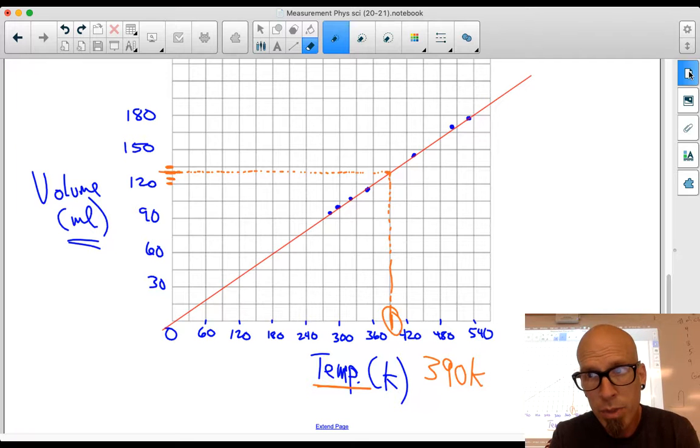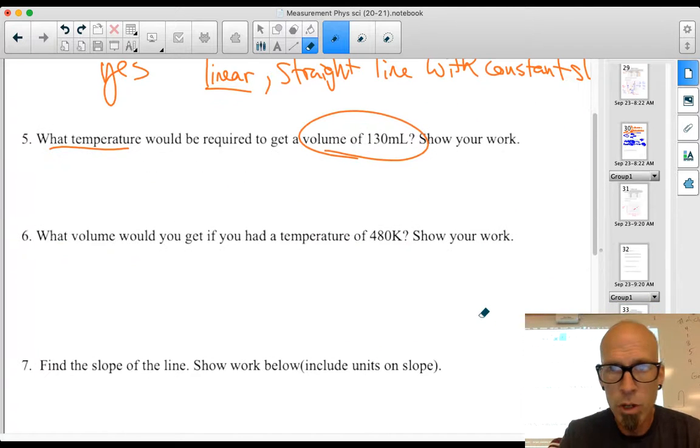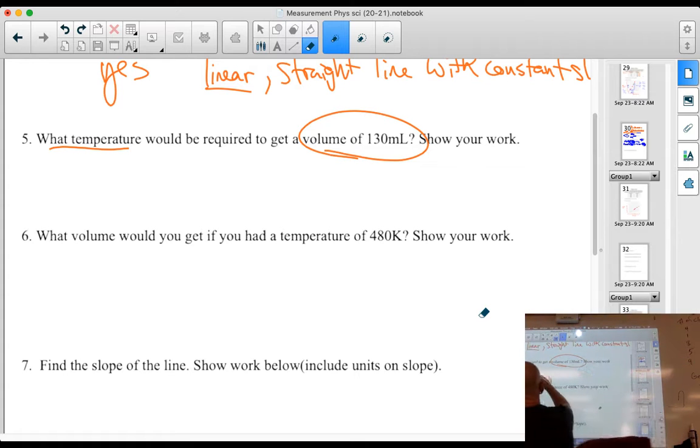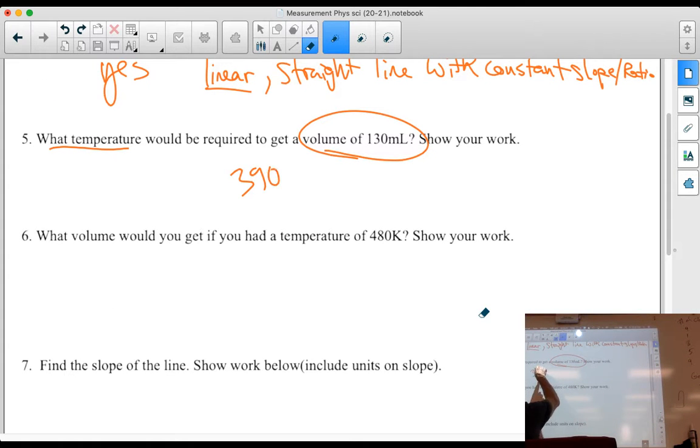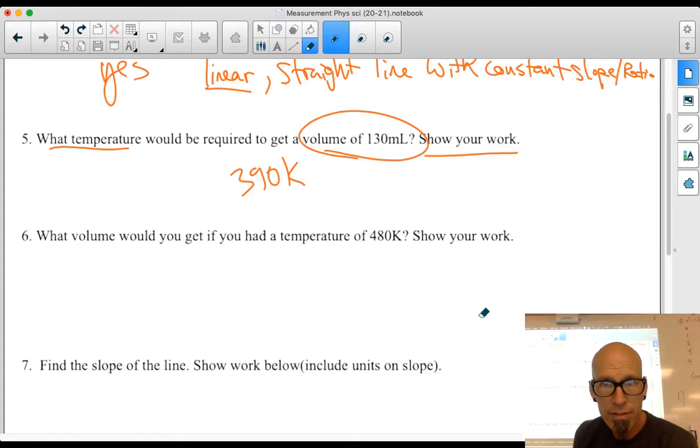Maybe not exactly, because again, we're all guessing on this. And again, what was your work? Your work was the dashed lines on the graph. You have to show me the dashed lines on the graph on the quiz so that I know you know where you looked to find that answer.